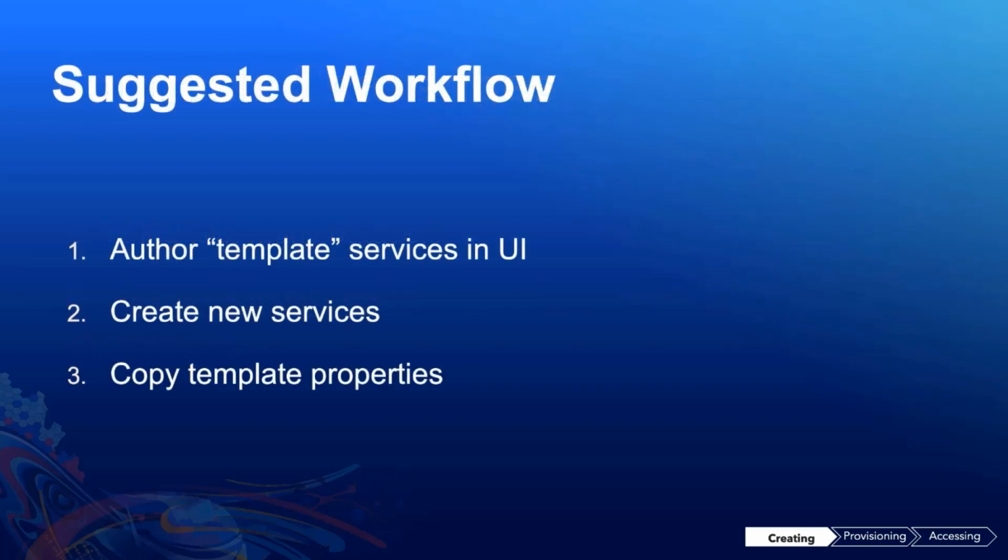So generally what we recommend here is to author "template" services in the UI. And the reason why template is in quotes is because they're just any other ArcGIS item. But in creating that item through the UI, you define properties that get serialized, and then you can use those properties to create new services for different users or different deployments, and copy the properties into that so that they have the same behavior.